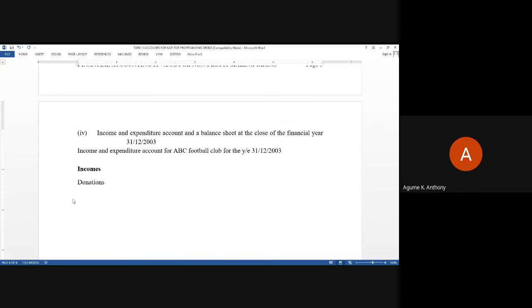The donations, I have 1.4 million. Then I have this bar net profit. Bar net profit is the one which I had up there, 15,970,000.